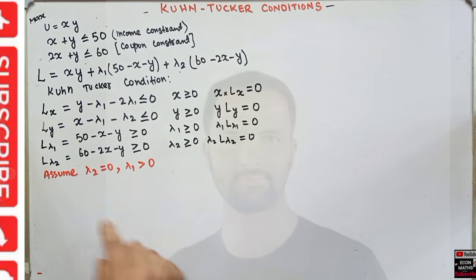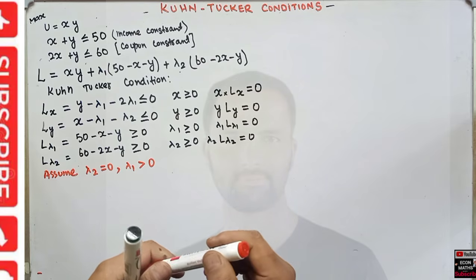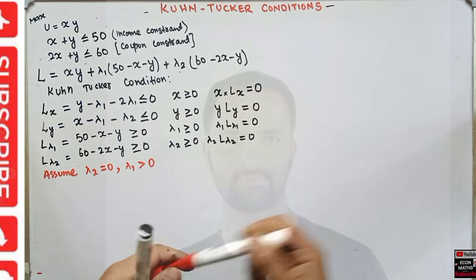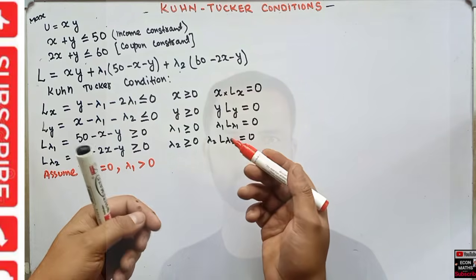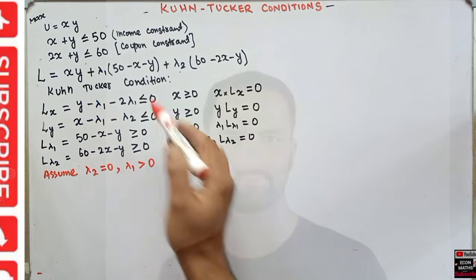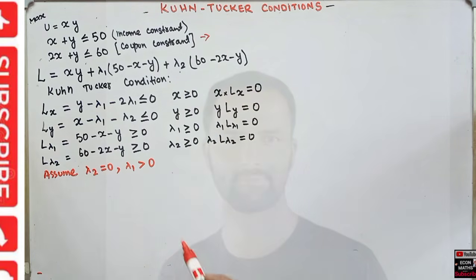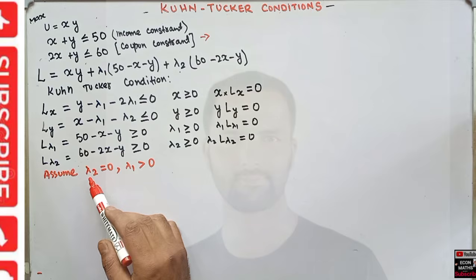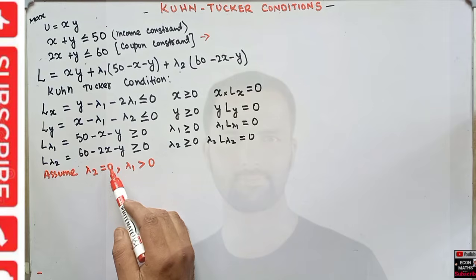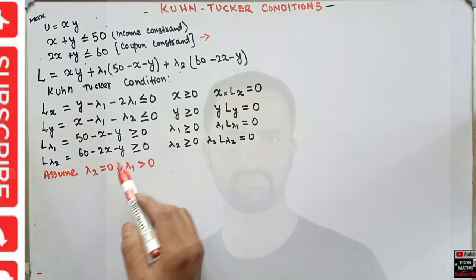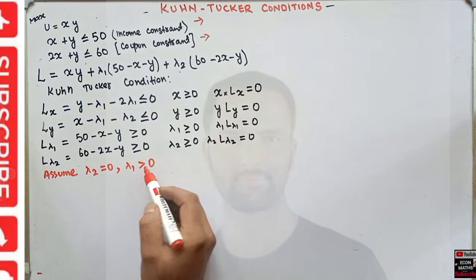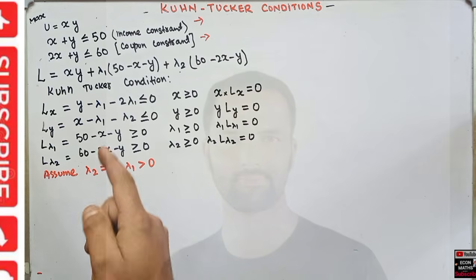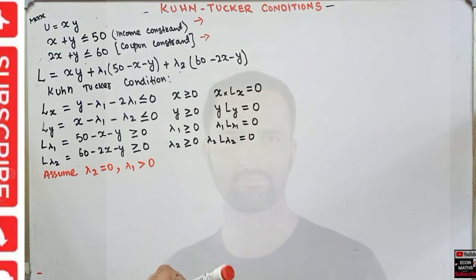It simply means that first we ignore our coupon constraint. We don't care about our coupons. So we ignore this coupon constraint. This condition is satisfied when lambda 2 is equal to 0. So we care only about the money constraint. That means lambda 2 is equal to 0, lambda 1 greater than 0, means ignoring the coupon constraint and solving by the Lagrange's multiplier method.